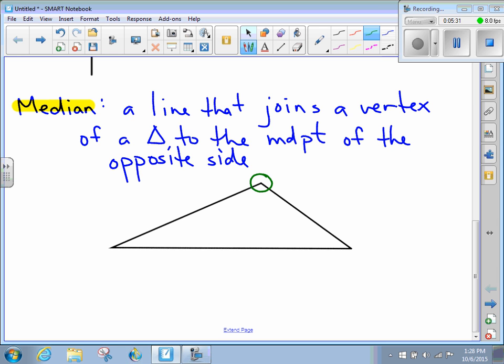And if I look at this, our midpoint's right about there. So this is the same length as that. This would be referred to as our median. All it does is it comes from the opposite corner, hits a side, and breaks it into 2 equal parts, hitting at the midpoint.